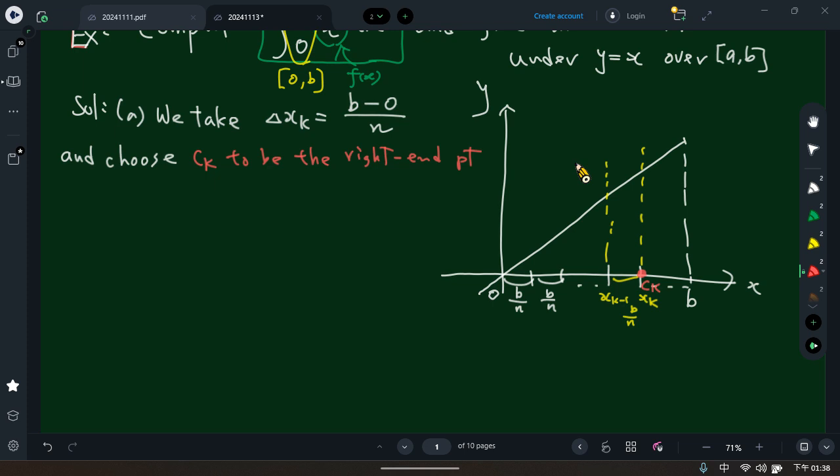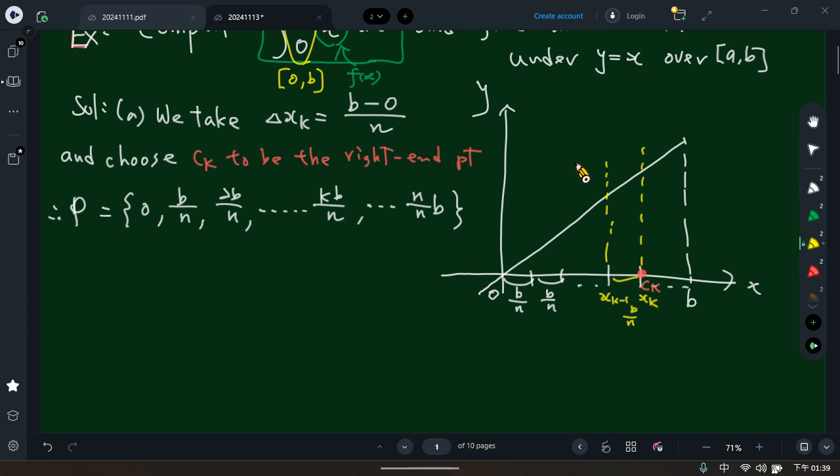For this subinterval, I choose this one. For this subinterval, I choose this one. So I pick c_k to be the right endpoint in each subinterval, so that my partition will be 0, b over n, 2b over n, then kb over n, then up to nb over n, right?